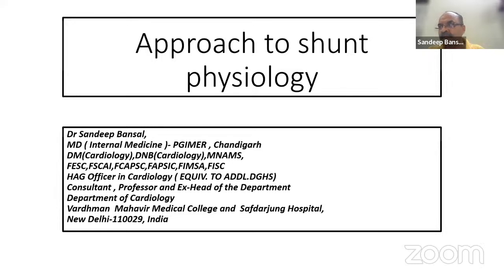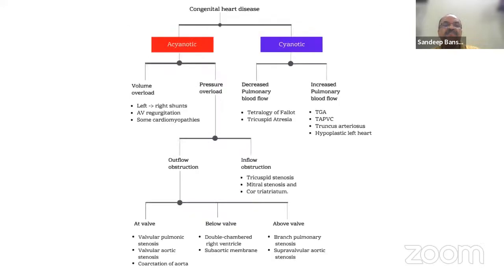The basic thing that we need to know is whether the shunt is small or large, and how we differentiate between the three different types of left to right shunts, and how we distinguish between small, medium, and large shunts and determine which are the significant shunts.